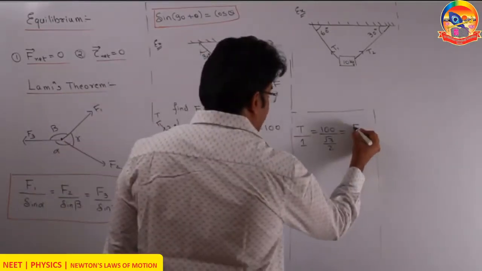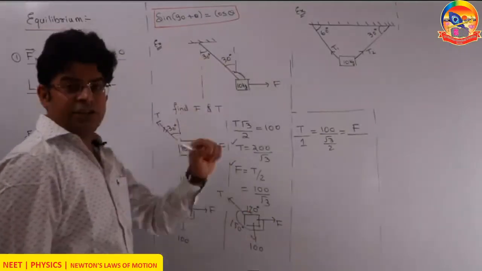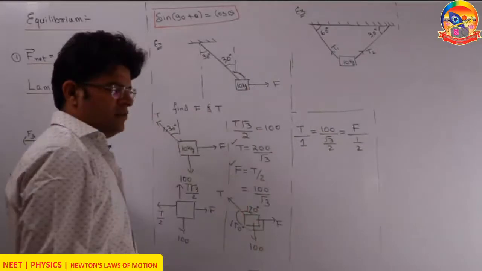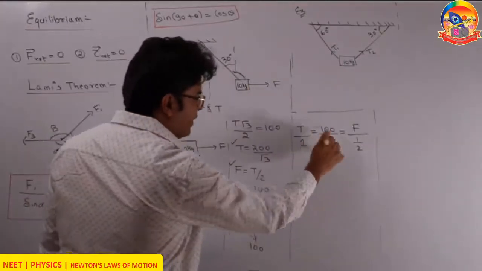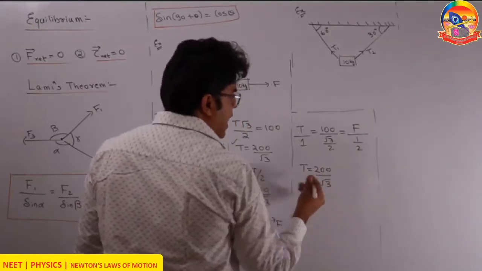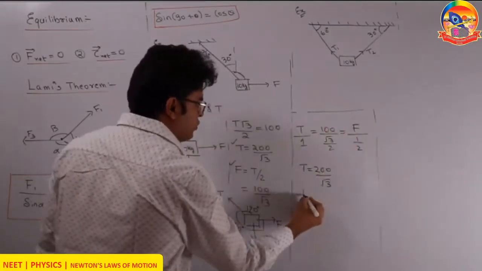And sin 150 should be written as sin of 90 plus 60, that is cos 60, that becomes half. So see, this is a one-liner solution. You directly get T equals 200 by root 3, and F comes out to be, this half gets cancelled out, F simply comes out to be 100 by root 3.